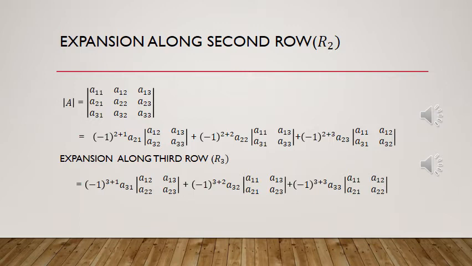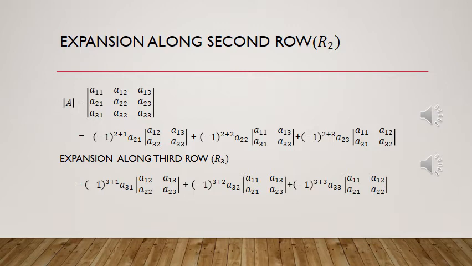So A22 multiplied by negative 1 raised to 2 plus 2 multiplied by the determinant obtained by deleting the row and column where A22 lies.